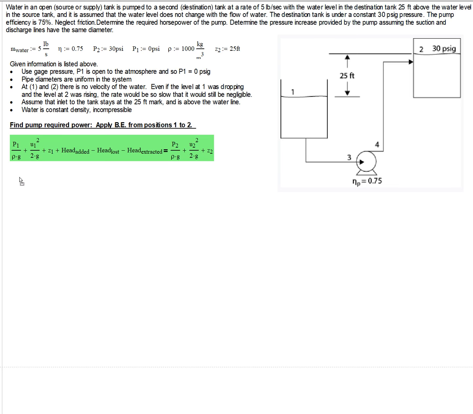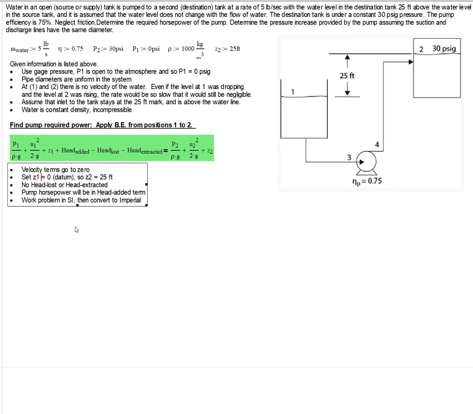And what we are going to do now is look at our system and the equation and think about what terms we can use, what assumptions we can use to simplify this equation. So the first thing that I have written here is that the velocity terms go to 0. And this is true, again, because the velocity at position 1 and the velocity at position 2 are not changing. We are told they are not changing at all.